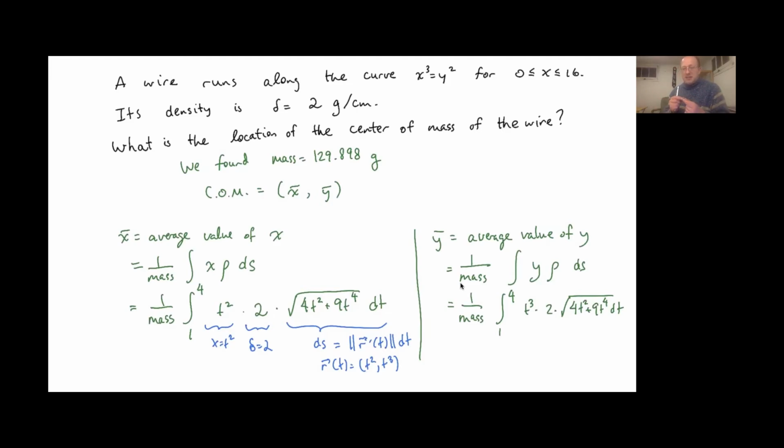Each piece has an x location times its length to tell you how many x's are along there, times its density, because the heavier pieces count for more than the lighter ones. So hopefully that helps explain why we take x times rho times ds and y times rho times ds.